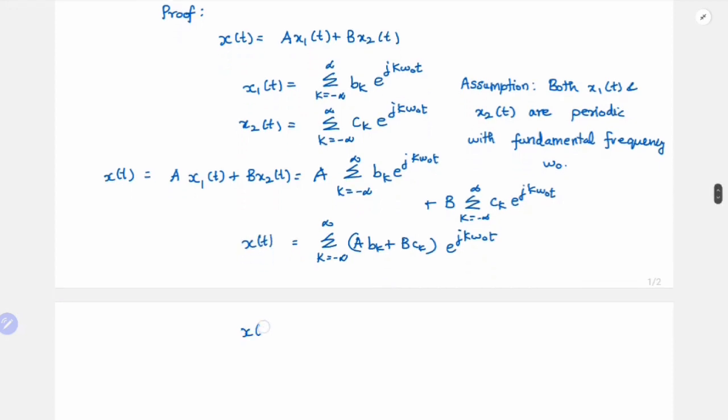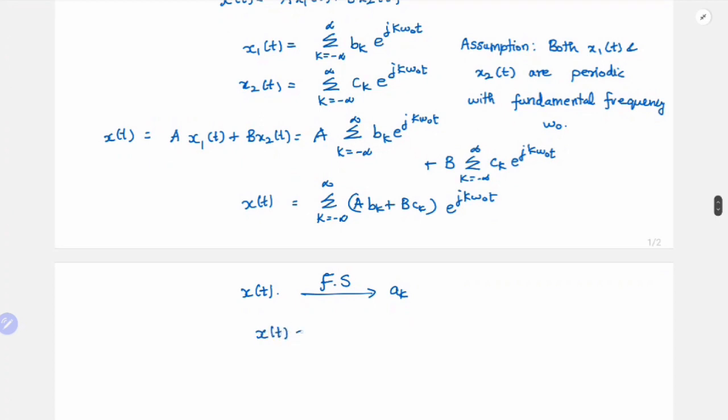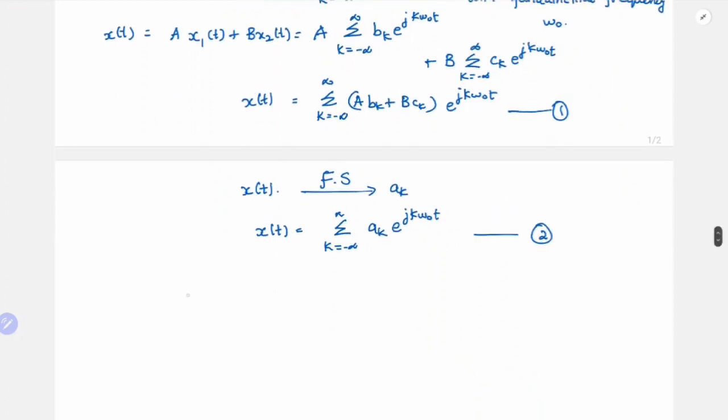If we say that x of t has Fourier series coefficient ak, then how will x of t be represented? It will be represented by ak e power jk omega naught t. So by comparing equations 1 and 2, we can say that ak is nothing but a bk plus b ck.